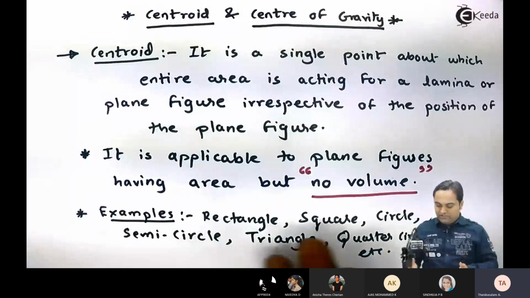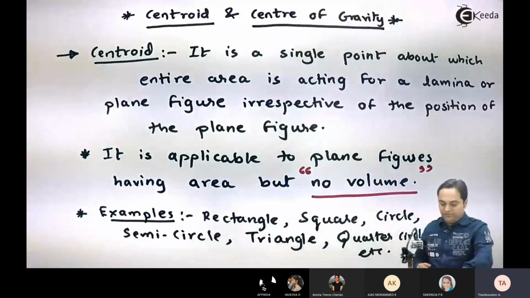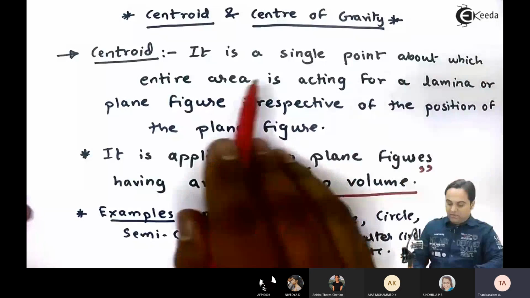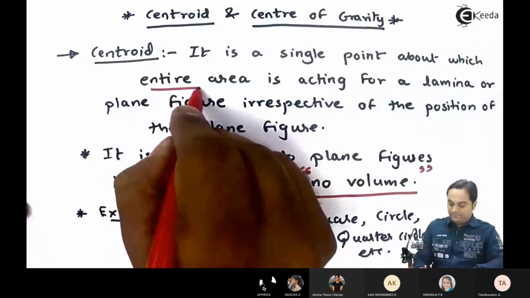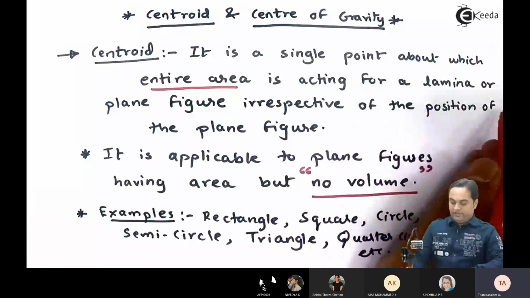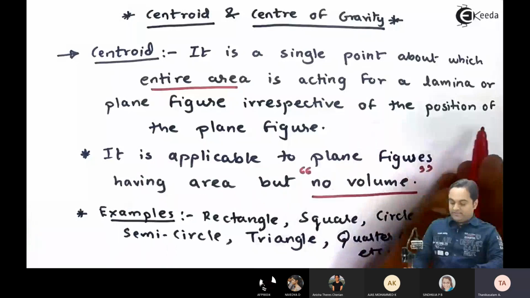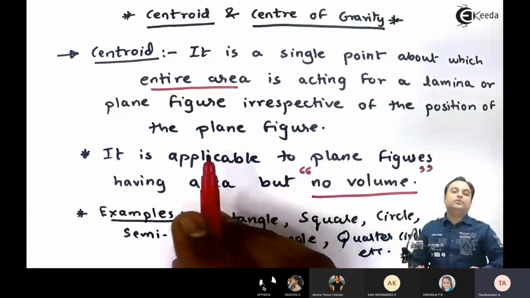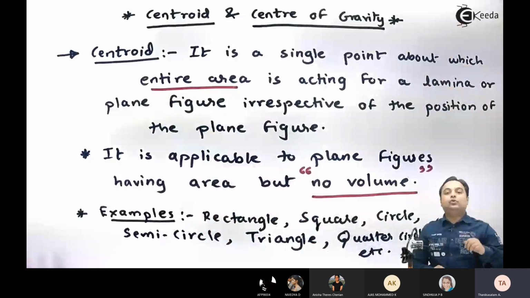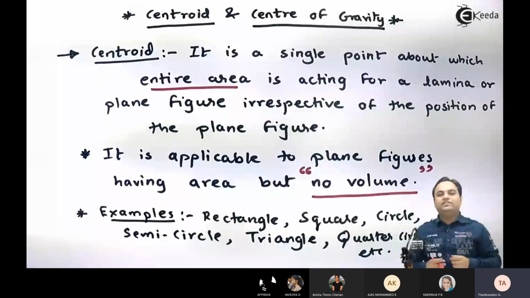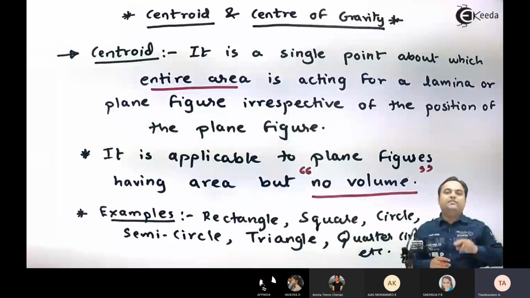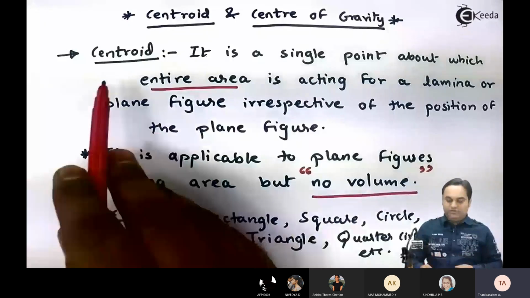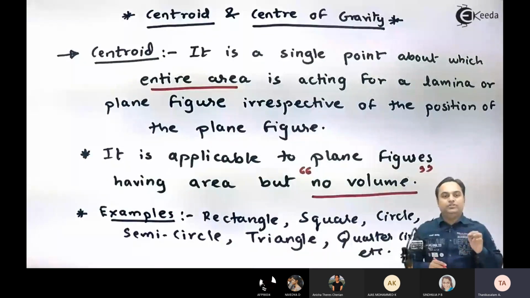So here it is very much clear about the centroid definition, that it is a single point, the entire area is acting on a lamina or plane figure, irrespective of the position. Even if you go on changing the orientation, like for example, if there is a triangle having the apex at the top, even if the apex is at the bottom, at that time also the centroid will not change. It is a constant point.